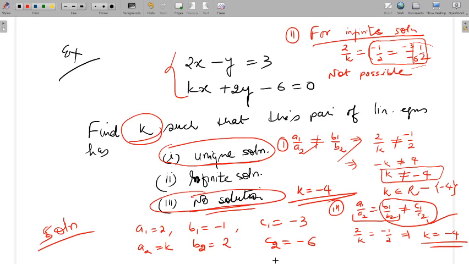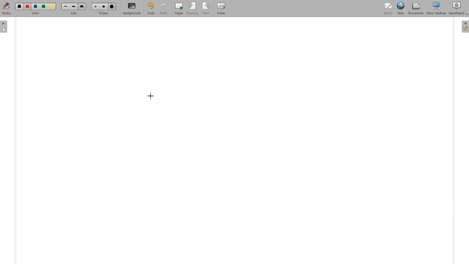Is that clear? So if it is clear, try this one. 2x plus (3k minus 1)y minus 1 is equal to 0 and 5k plus 6y is equal to 3.